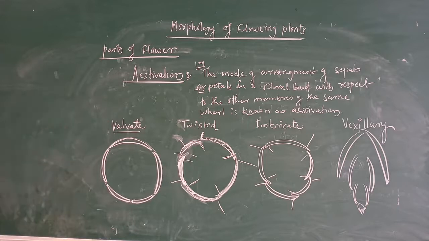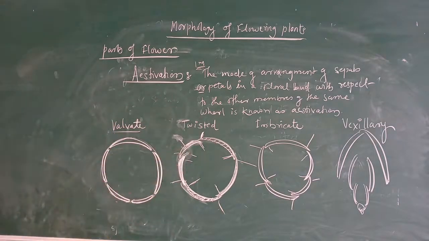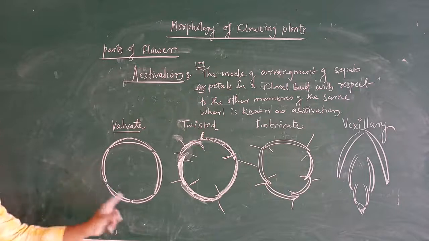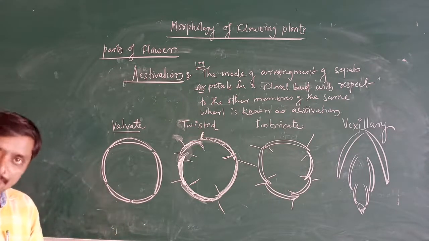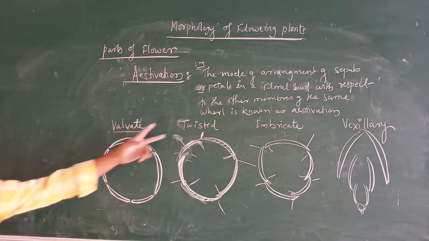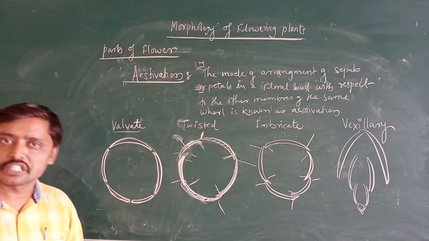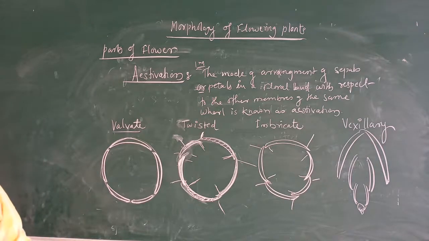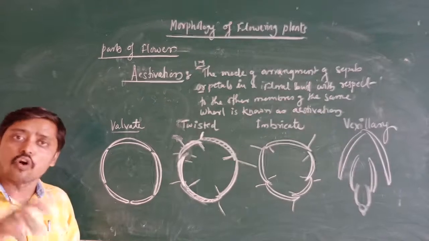In valvate aestivation, the members of the sepals or petals are arranged margin to margin, and we are not going to find any overlapping. In twisted, the sepals or petals are arranged in such a way that one sepal is overlapped with another sepal, and it continues.